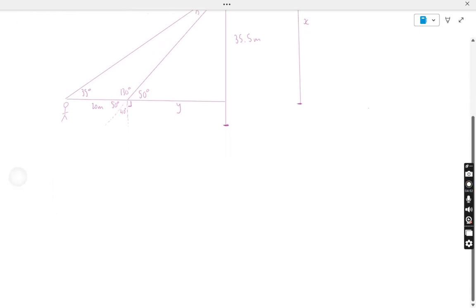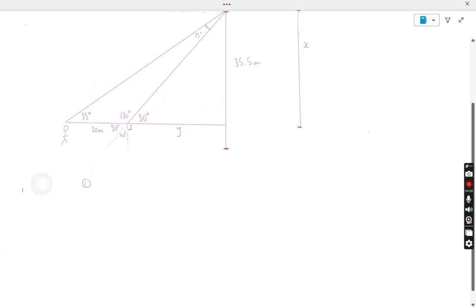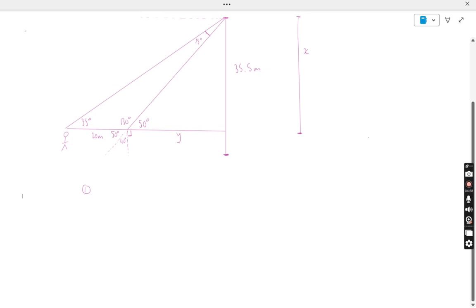Okay, step one. Let's set up an equation of the 35 degree. It's always helpful to write SOH CAH TOA. And I'm interested in the adjacent side and the opposite side, so I'm going to use TOA.